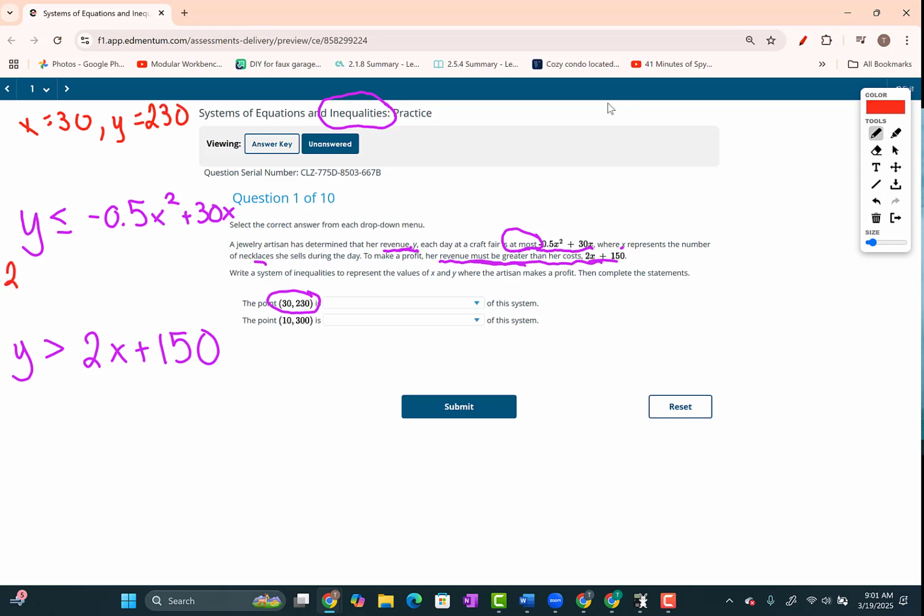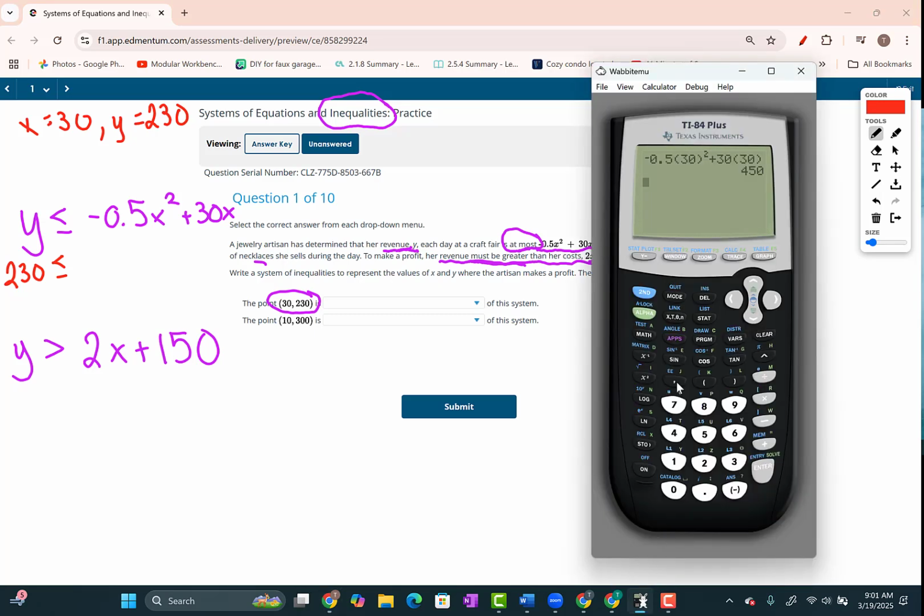So let's take this top inequality. We're going to replace the y with 230, and then here we're going to replace x with positive 30. But I'm going to use the calculator to help me out here. So I'm going to type in negative 0.5.